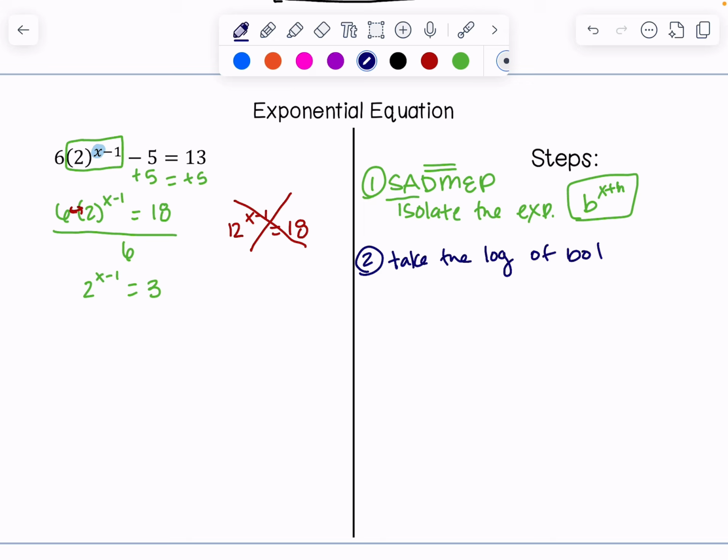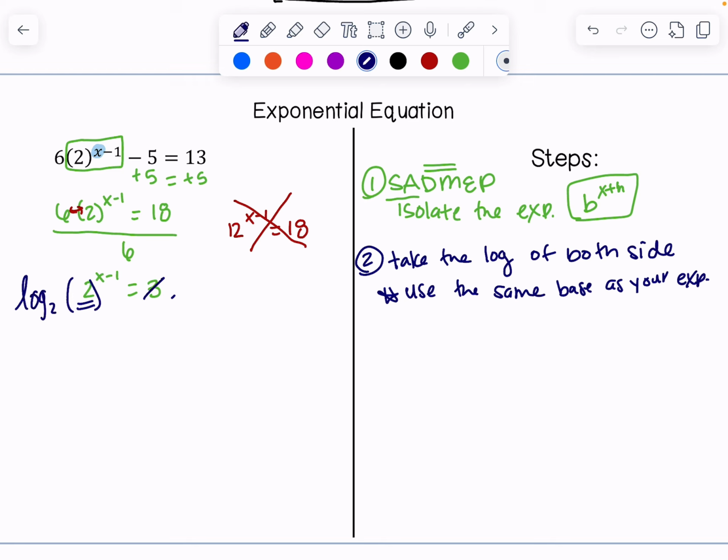So we're going to take the log of both sides. But this is the key part. In order to make this really useful, use the same base as your exponential. So what I mean by that is, here, the base of my exponential is 2. So I'm going to take the log base 2 of both sides.